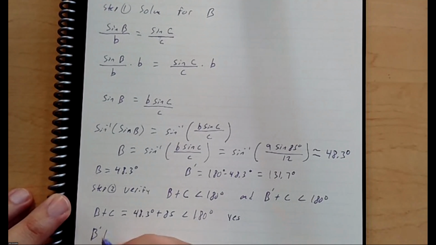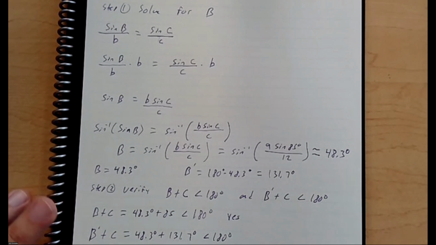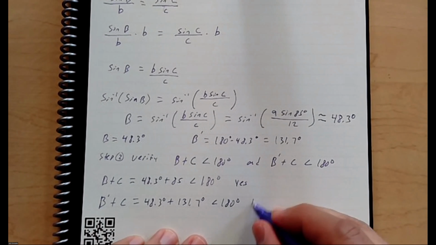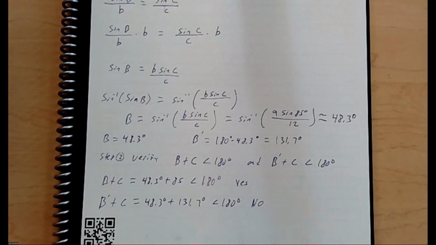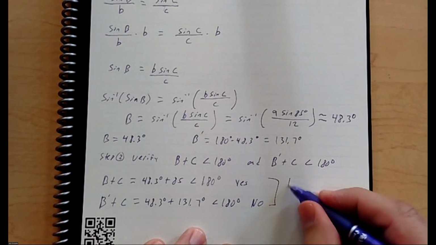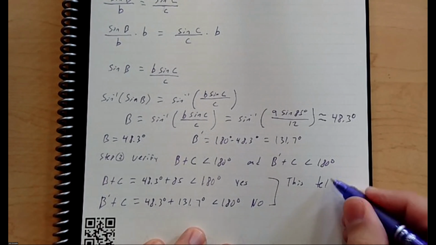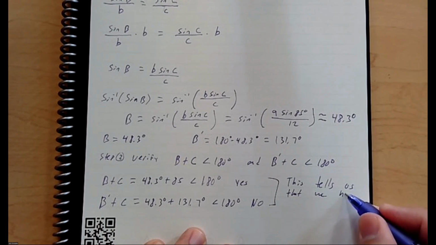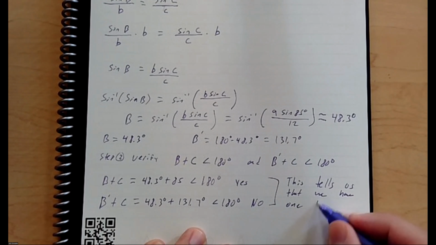Okay, is beta prime plus C less than 180? No, right? 48 plus 130, I don't know what it is, but more than 180, so no. This tells us that we have one triangle.